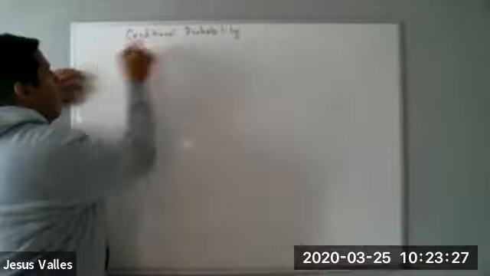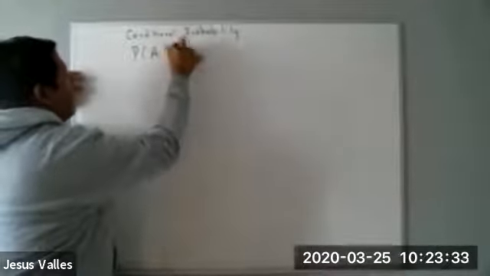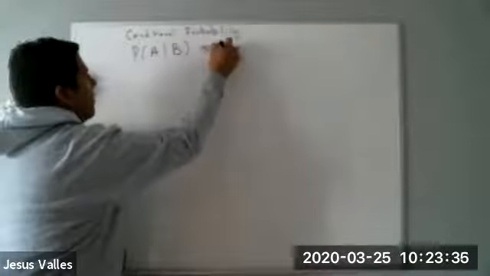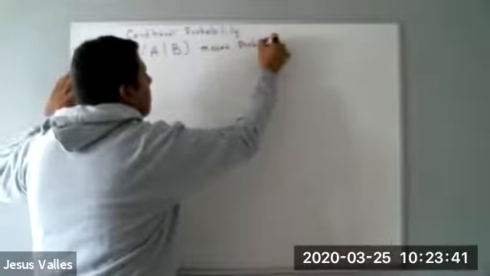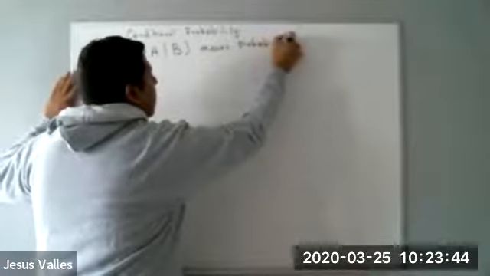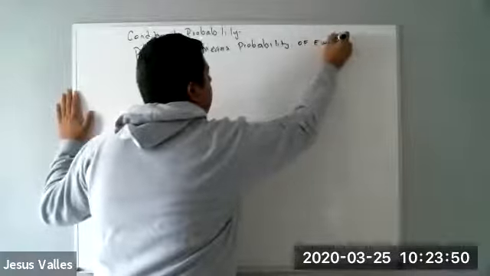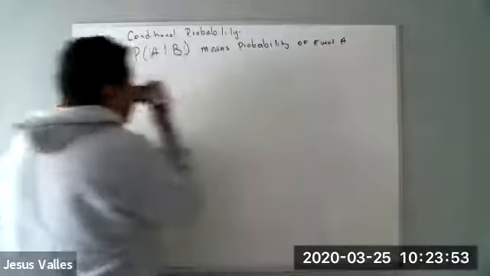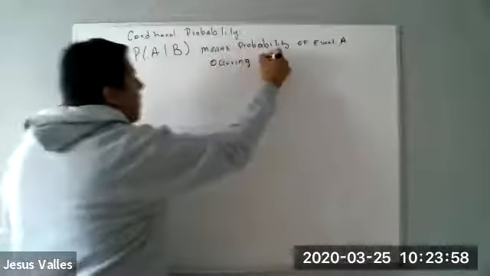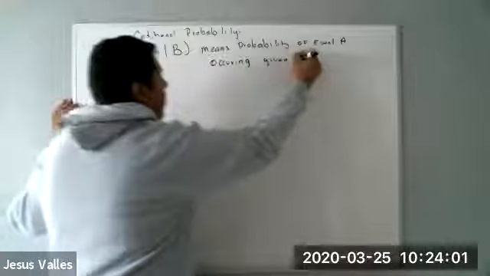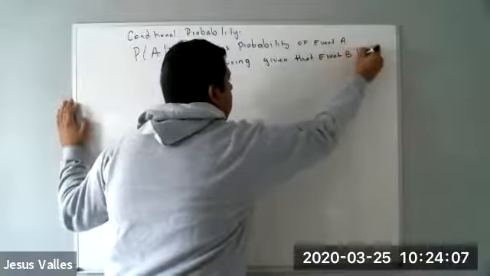So it says, you've probably seen this before, probability of A given B means the probability of event A occurring given that event B has occurred.